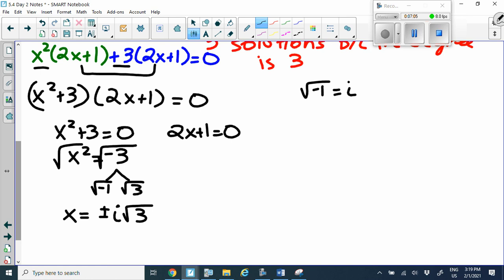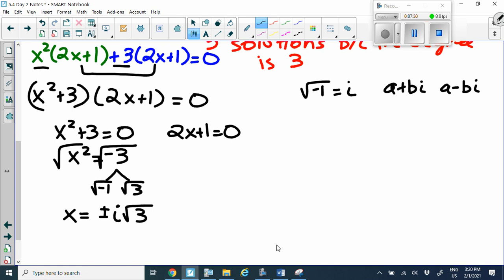Remember, standard form is that a plus bi or a minus bi. Okay? And so here, the i is going to go in front of the square root sign because of the aesthetics. We don't want the i behind because we can never tell if it's underneath or not underneath the square root. So always make sure it's in front of that square root.